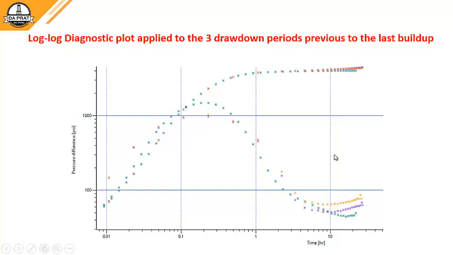If we have a constant limit, no matter if there is a buildup or drawdown, the trend should be toward a constant pressure value, and therefore the derivative keeps declining or going down. So according to the drawdown periods, there is no evidence or tendency during this testing time.